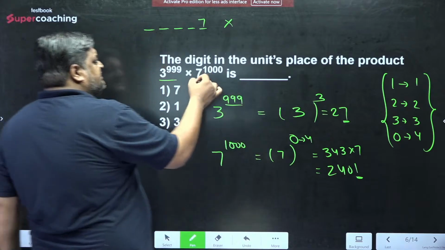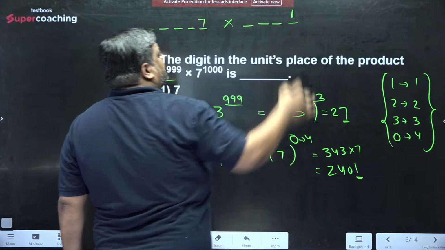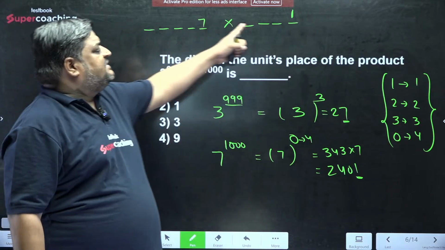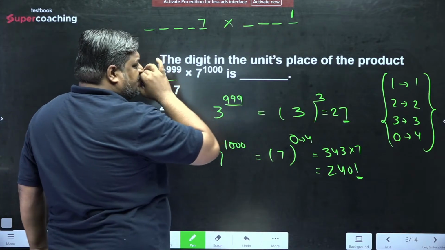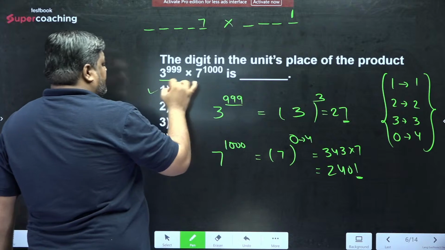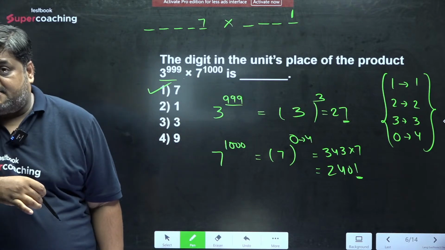So when you expand 7 raised to the power 1000, it would be a very huge number that ends with 1. And now when these two numbers are multiplied, unit digit का unit digit के साथ multiply होगा, 7 into 1 is 7, so unit digit पे क्या आएगा? 7.